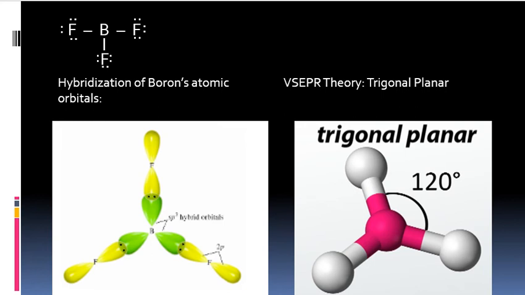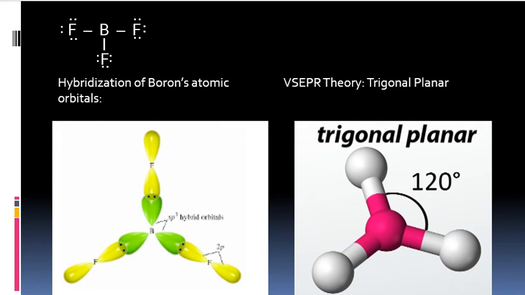Now, according to VSEPR theory, you're going to form a trigonal planar molecule, or essentially those fluorines are going to repel each other as far apart as possible until you have essentially 120 degrees of separation between each fluorine.